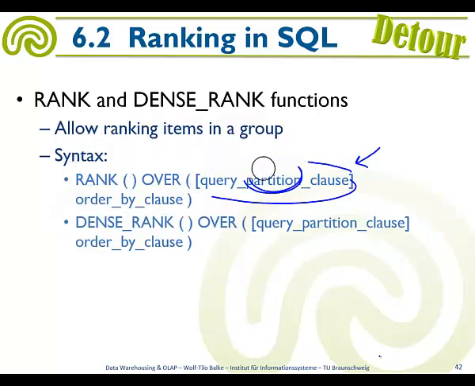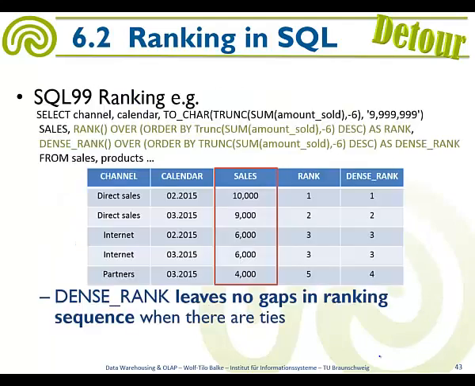So let's see what's the difference between these two functions in the simplest form, where you enforce the order on all the data that you have and not within each partition. So, for example, here we select channel, calendar, and we aggregated the sales here, summation, and here we start ranking: the normal rank and the dense rank.